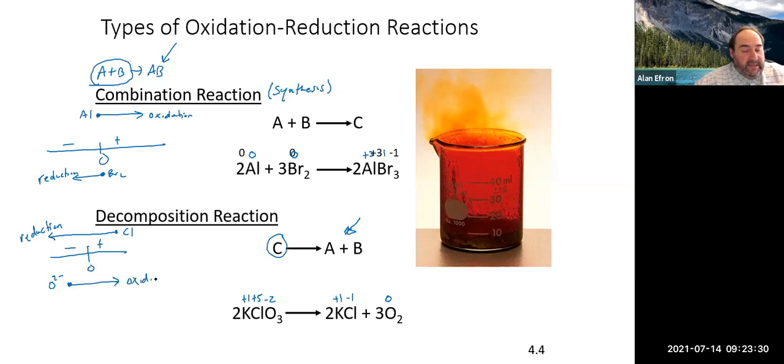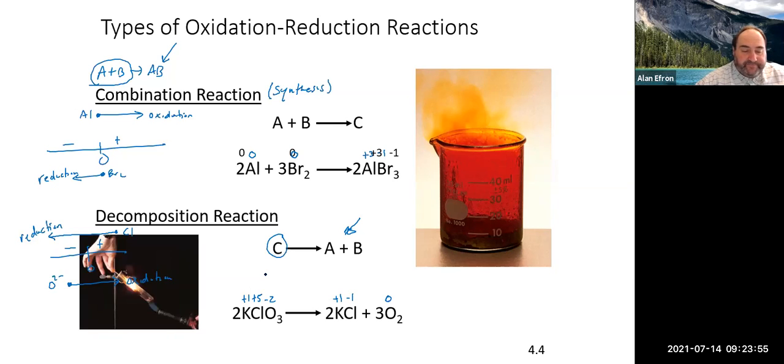It's going through oxidation. So the oxygen is going through oxidation, the chlorine is going through reduction, and the potassium is a spectator ion. It has the exact same charge or oxidation state on both sides, which means nothing is really happening with that particular one. And it is a redox reaction, also a decomposition reaction, if you put them together. Any questions on that?